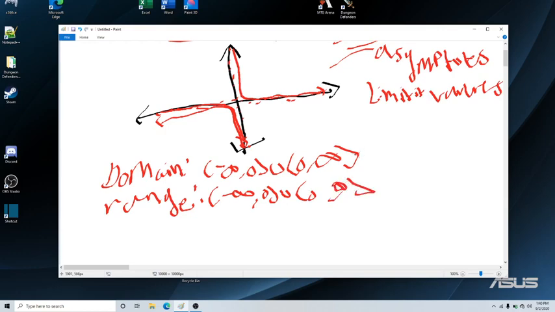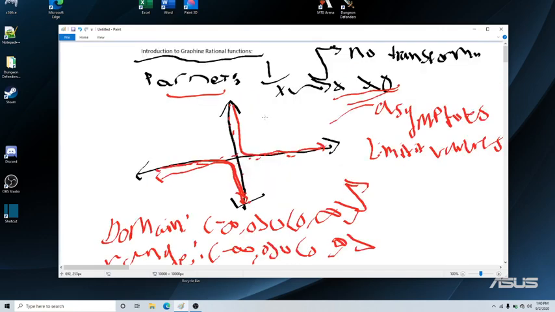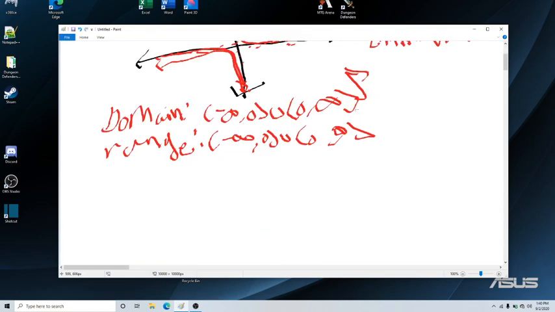And the range as well is negative infinity to 0, union 0 to infinity. So for the domain, we have two intervals. The more asymptotes we have, and the more values we exclude as we add on transformations, the more divisions we have in our intervals. So that's the main idea of that.